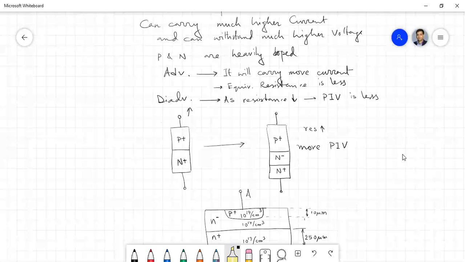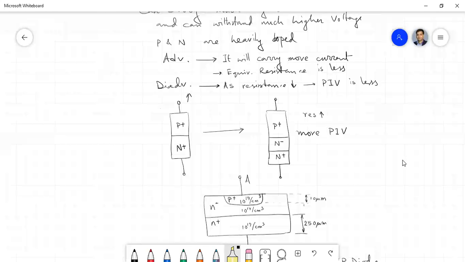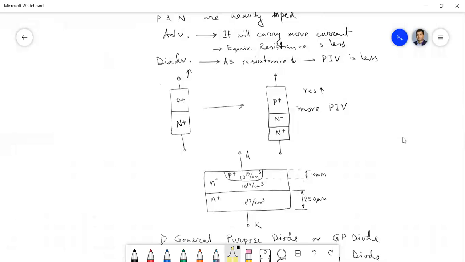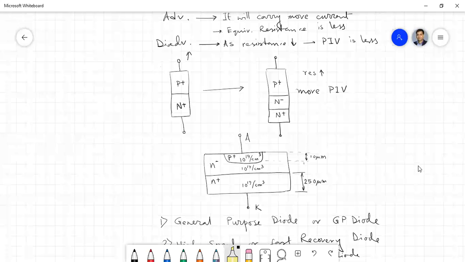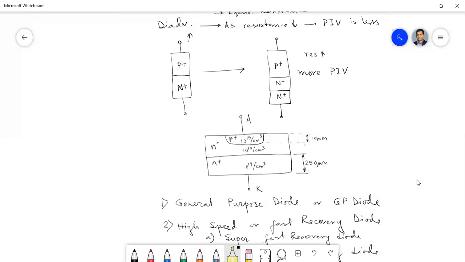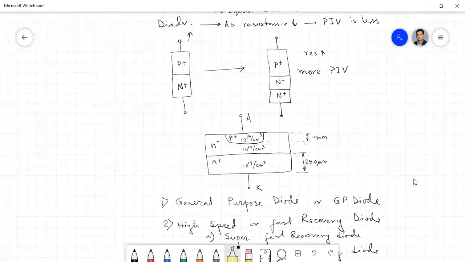I have written that here, and they have different lengths depending on the applications. I have discussed there are different types of power diode depending on the application. The length of the particular layers will vary.